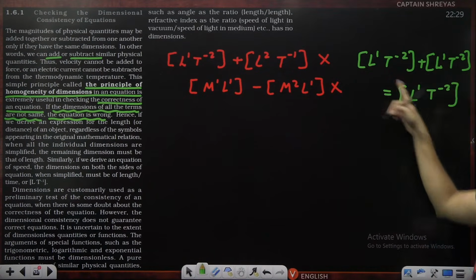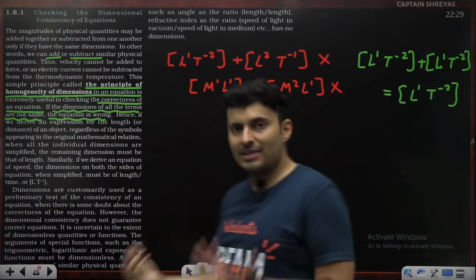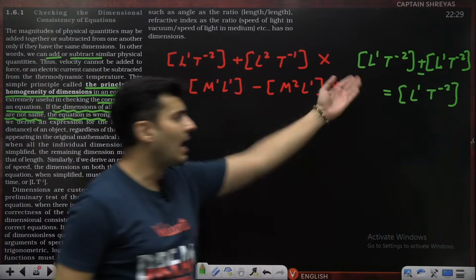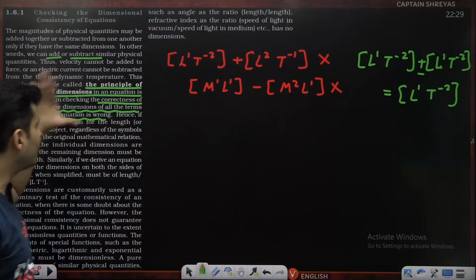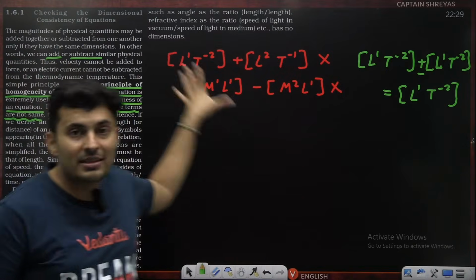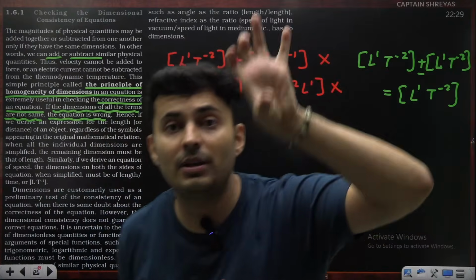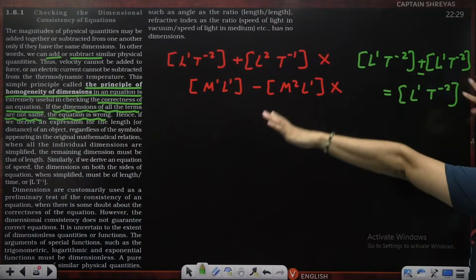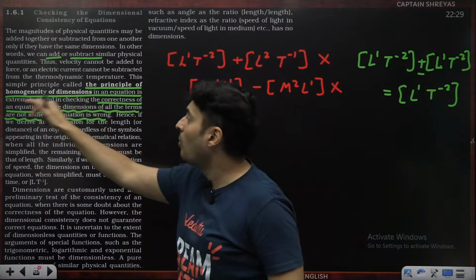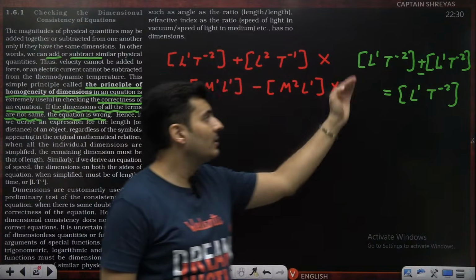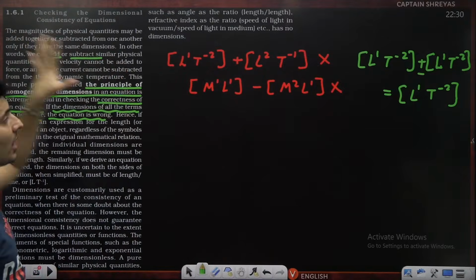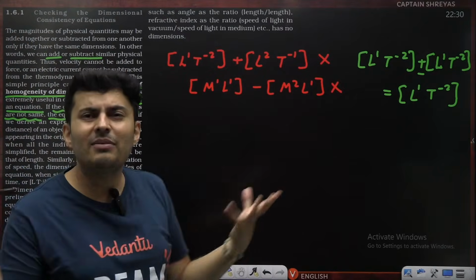So similar dimensions can add or subtract to give similar dimensions on the other side. I can add or subtract both. Such a principle is called the principle of homogeneity. Homo means same, so similar dimensions. So principle of homogeneity of dimensions. Similar dimensions can be added or subtracted, but you cannot add or subtract different dimensions.